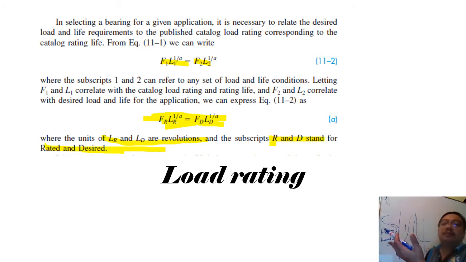What does it mean by desired? D equals desired. It means that if you want to use the bearing for a load of, let's say, 1000 newton, this is desired.